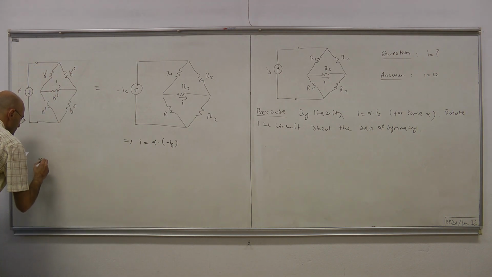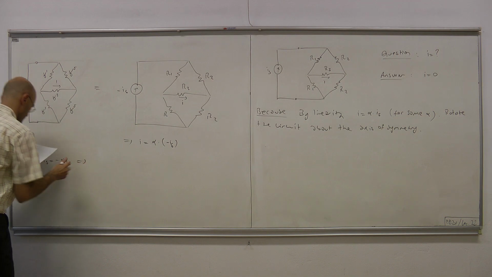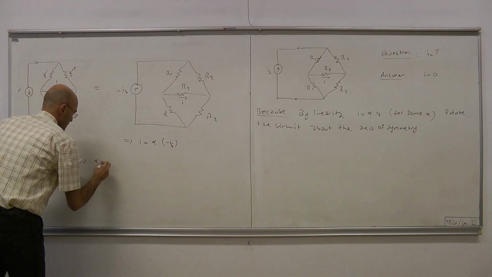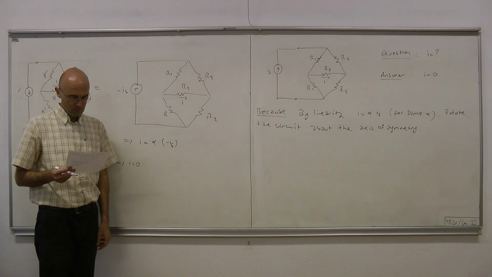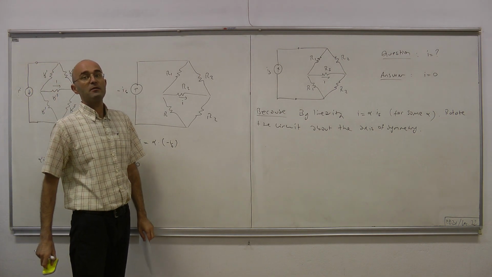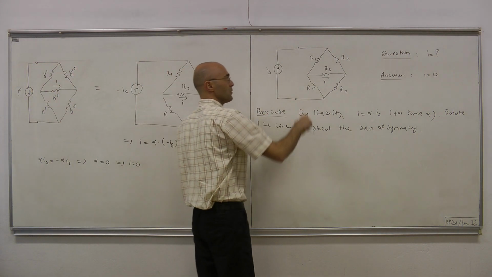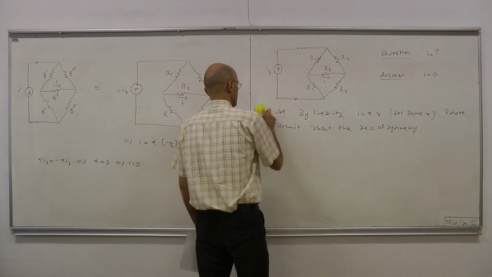Now, alpha IS equals minus alpha IS, therefore alpha equals 0, therefore I equals 0. And now let's figure out what it means that this current equals 0, and what kind of benefits we can get from that situation.